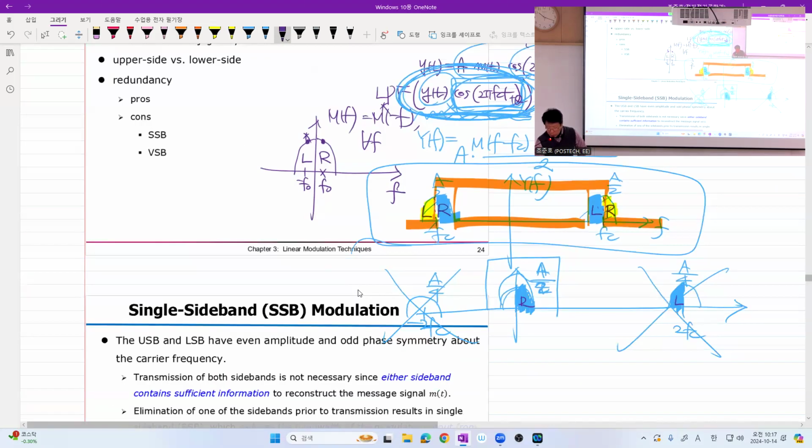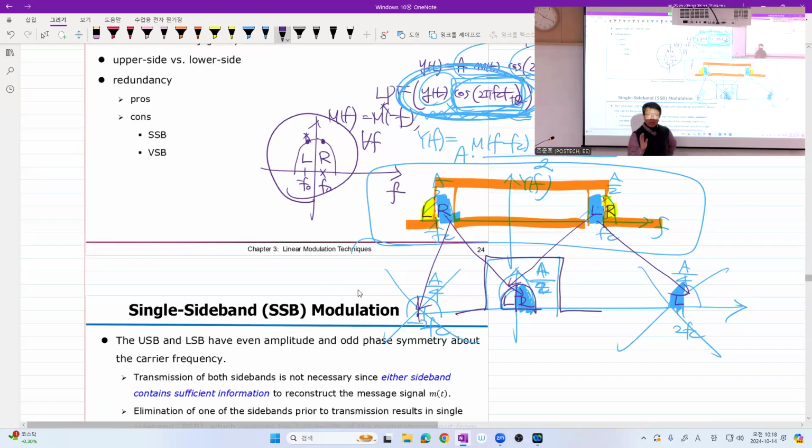L and R. Now you have negative translation, and this goes here, and that goes there. So if you apply an ideal low-pass filter, again, you have this signal back.